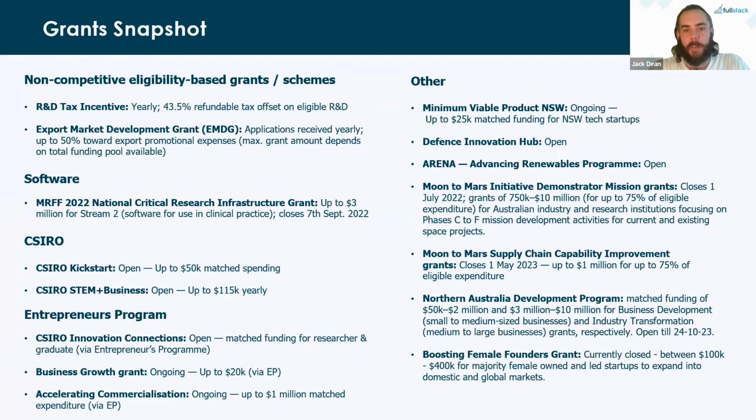There are some sector-specific ones on this slide that, if you're working in that sector or providing enabling technologies, even though you're maybe not directly in that sector, may be eligible for those programs.